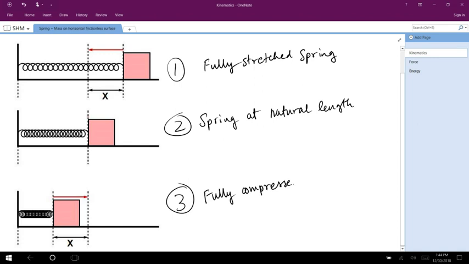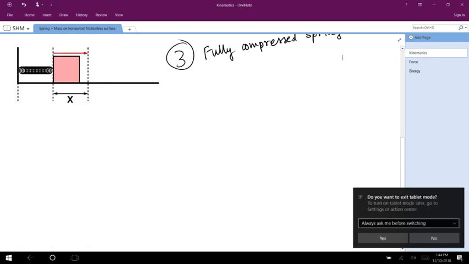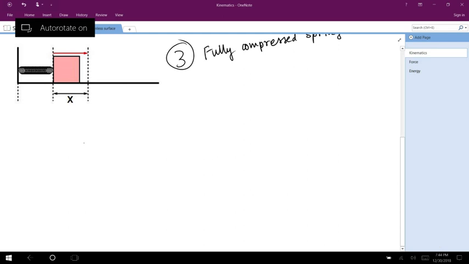So when I say that I want to analyze this problem from the point of view of kinematics, the first thing I should do is talk about my kinematic variables. The question is, what are the appropriate kinematic variables in this problem?